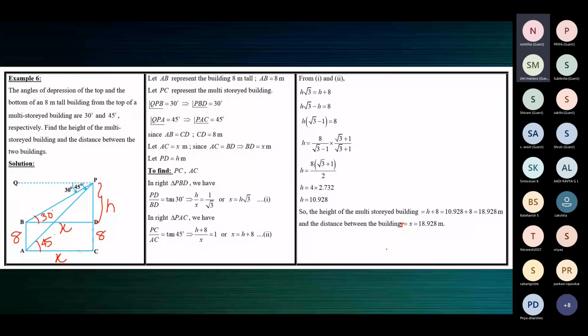So I've used that equating method here. I told you to write both. We have h and x.